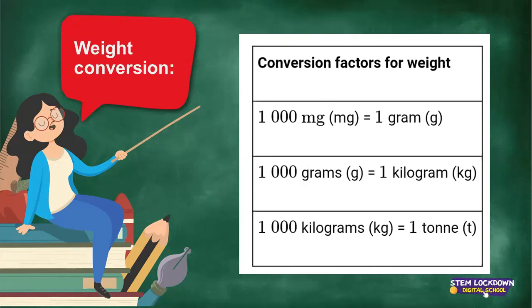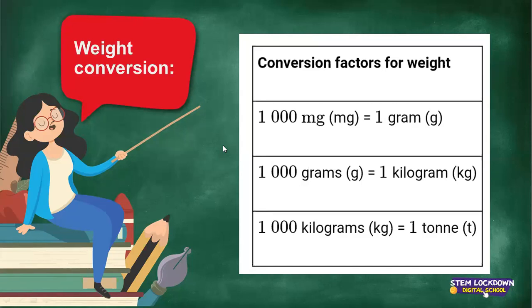That means if you were to move between these different values, you'd either be multiplying by 1,000 or dividing by 1,000. To move from a milligram to a gram, you would divide by 1,000, because if you were to put it in ratios, milligrams to grams is 1,000 to 1. So that's how you'd put it in ratios, and that's why the conversion factor is 1,000.